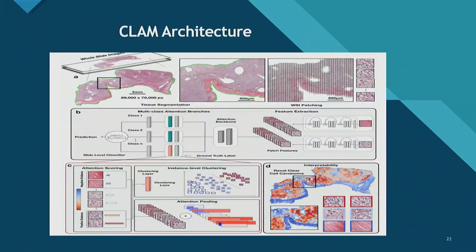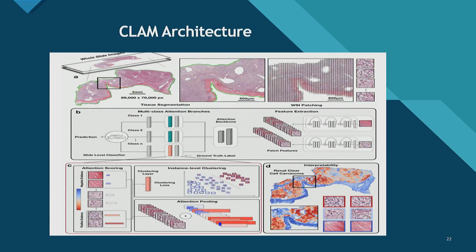So this is the architecture of the CLAM approach. We have a whole slide. As I show you one example of a whole slide, here they have shown, for this slide, 89,000 by 79,000 pixels. In our scenario, the example from our data has around 147,000 pixels.